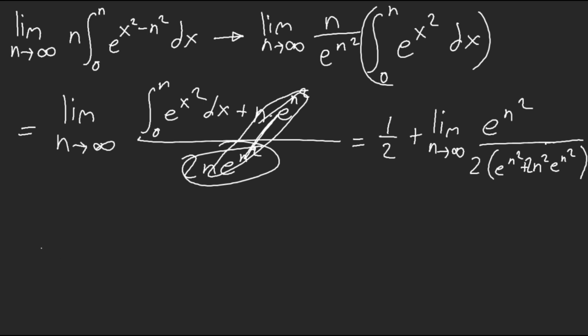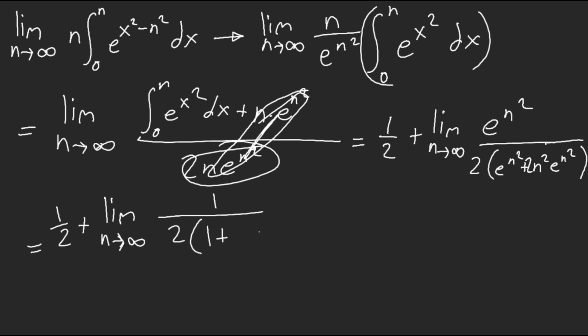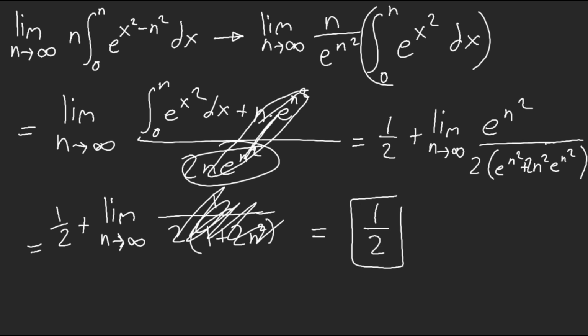And so now we have half, and then the limit as n goes to infinity. Well, we can now divide by e to the n squared. So what we have here is 1 plus 2n squared, and this is all just 0, because n squared exists. And so we plug in infinity, this all goes to 0. So the answer is that this limit is equal to 1/2. It converges to 1/2.